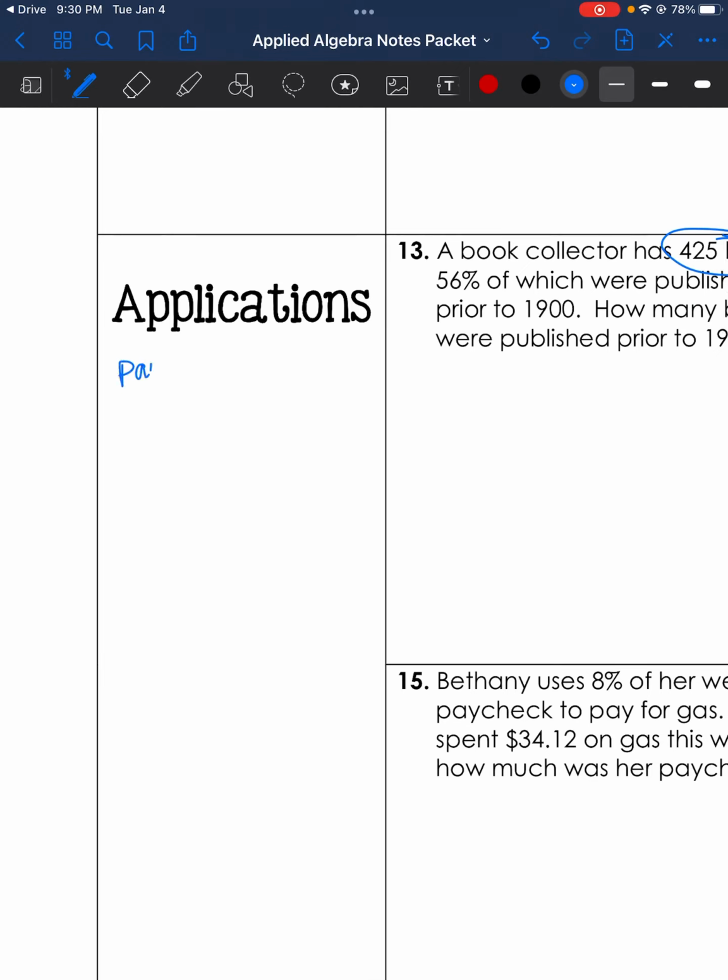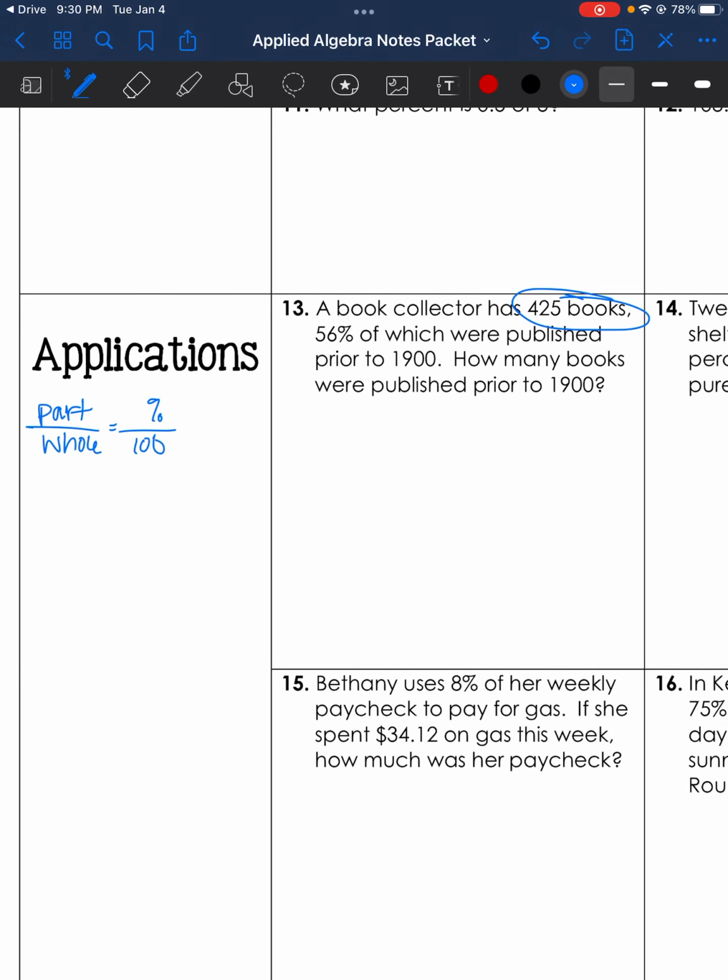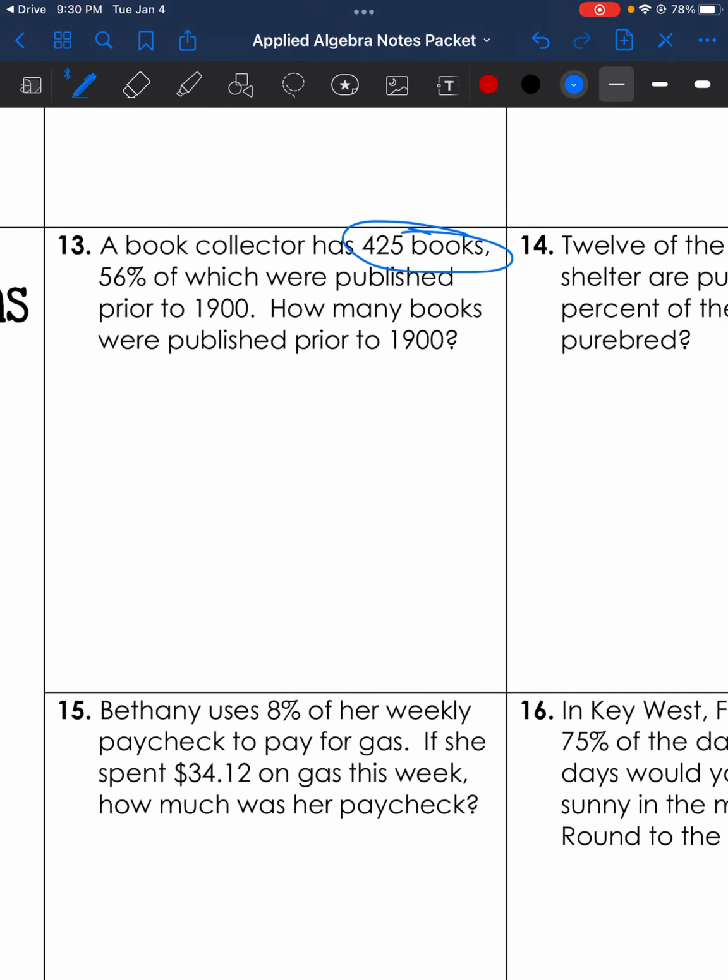We have part over whole equals percent over 100. Okay, so with these we're going to be looking at parts and wholes. So all of our books, our whole is 425. Well, what part of those were published before 1900? So we don't know. That's our x. That's the part over the whole, 425. We know that it's 56%, so we have 56 over 100.